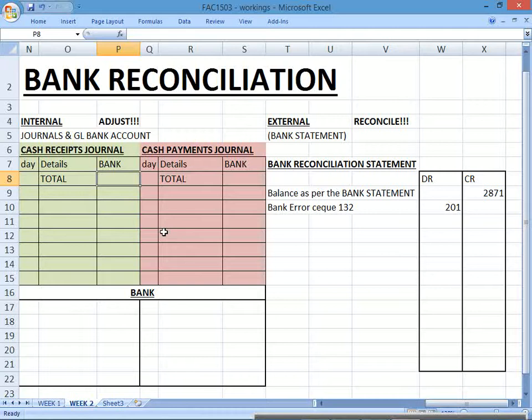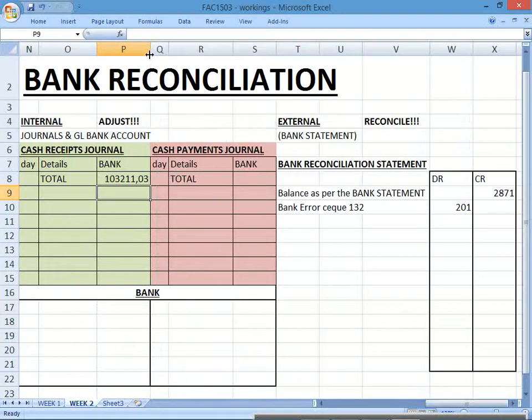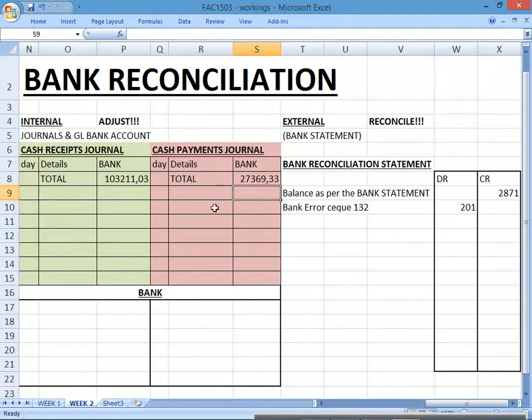In the cash receipts, I'm going to show 103,211.03. Great. And in the payments, 27,369.33. You have to start with something.